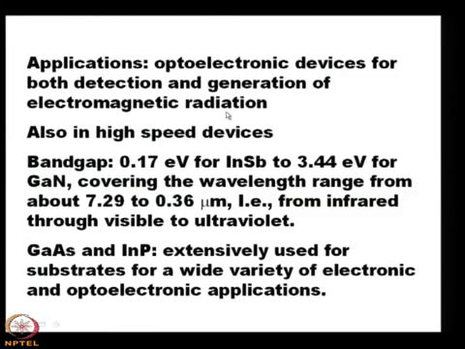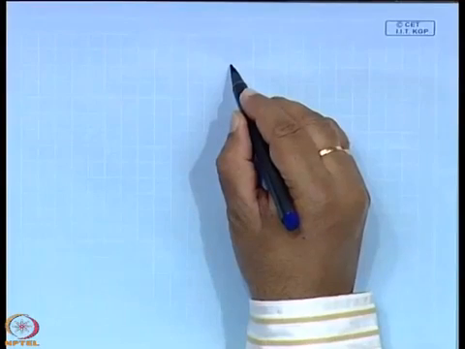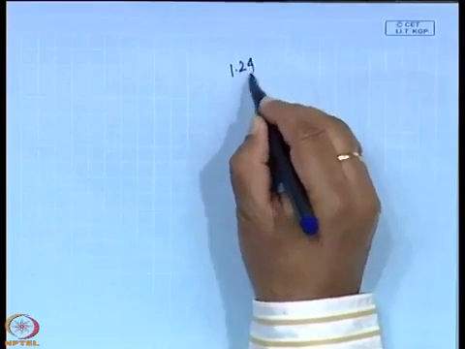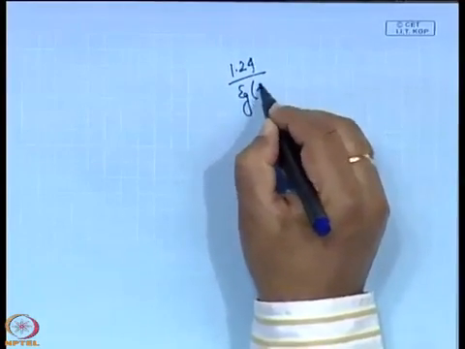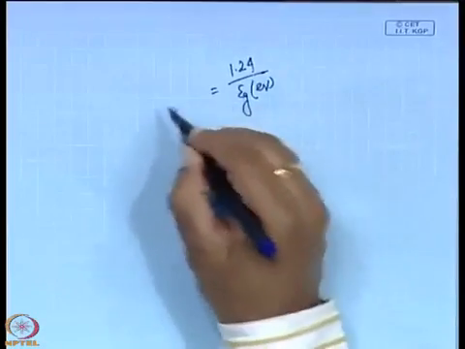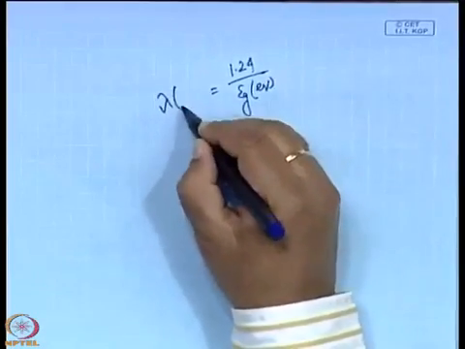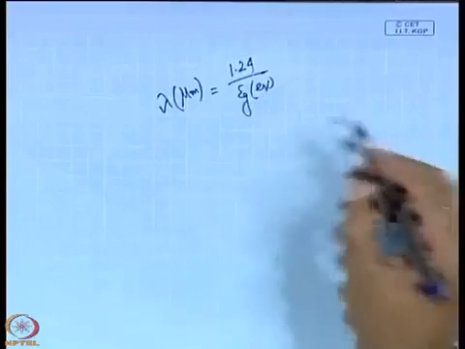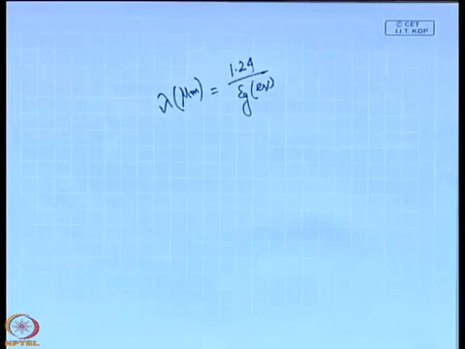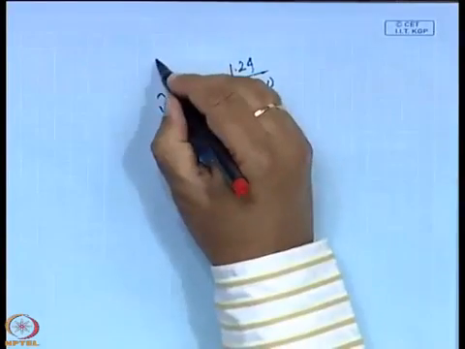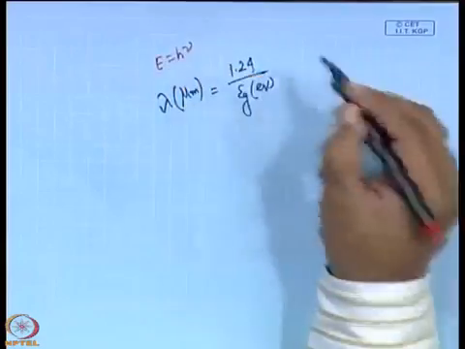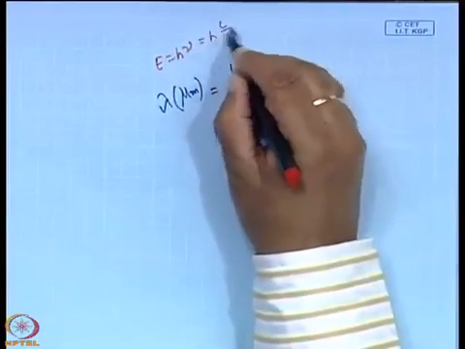And in electromagnetic radiation, it is governed by 1.24 by Eg, the band gap in electron volt, and this gives you lambda, the emission wavelength in micron. It comes from the relation E equals h nu, and nu equals c by lambda.